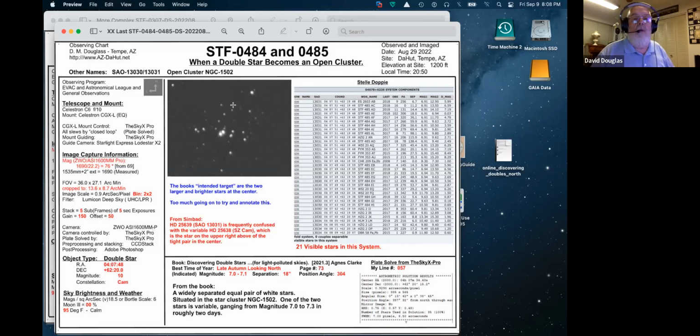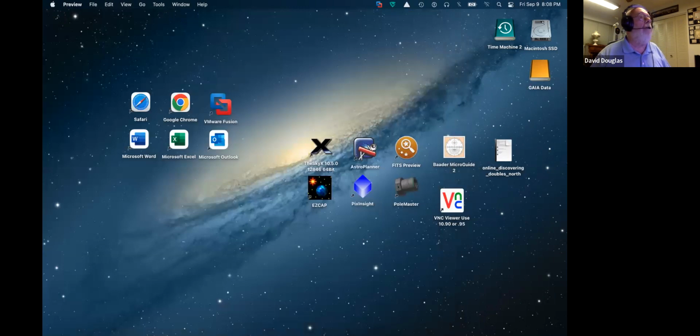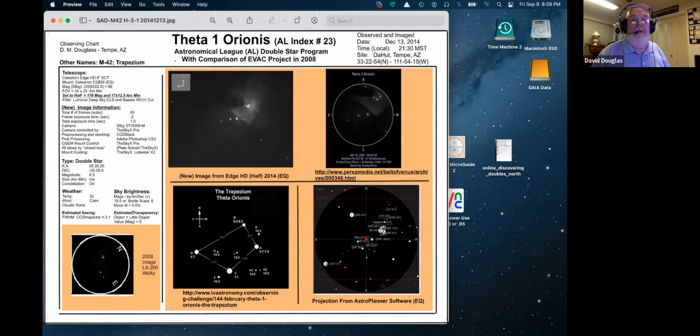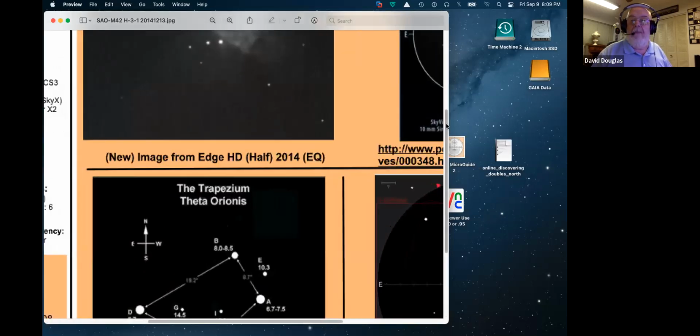Now, is that the only one where a double star becomes a cluster? No, there's another very famous one that we have around. Right here, Theta 1 Orionis, otherwise known as the trapezium, the trap. A lot of people know the trap as only being 4 stars.